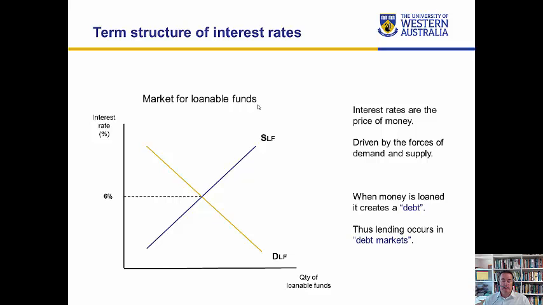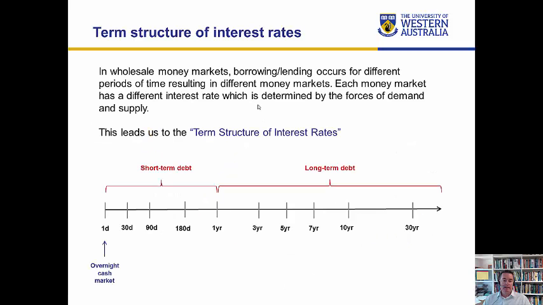What we need to focus on now are the interest rates on this type of lending. Now, what I've got here is this notion that money can be borrowed for different lengths of time. Now, in most mature financial markets, there is a very special market that we'll be learning about later on in this topic, a special market for borrowing and lending money for 1 day.